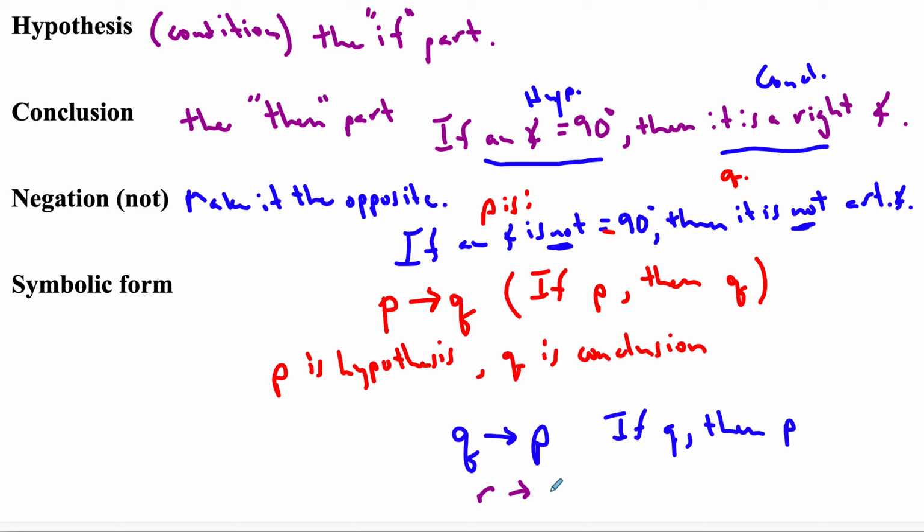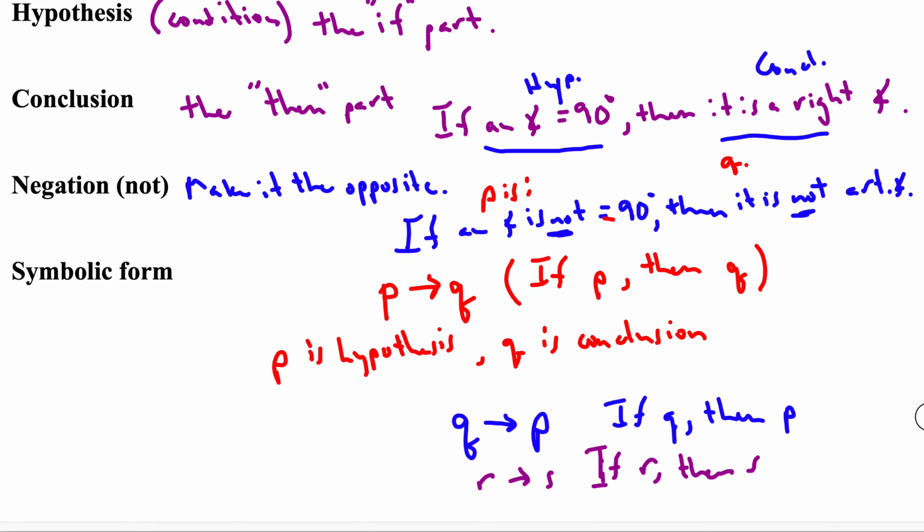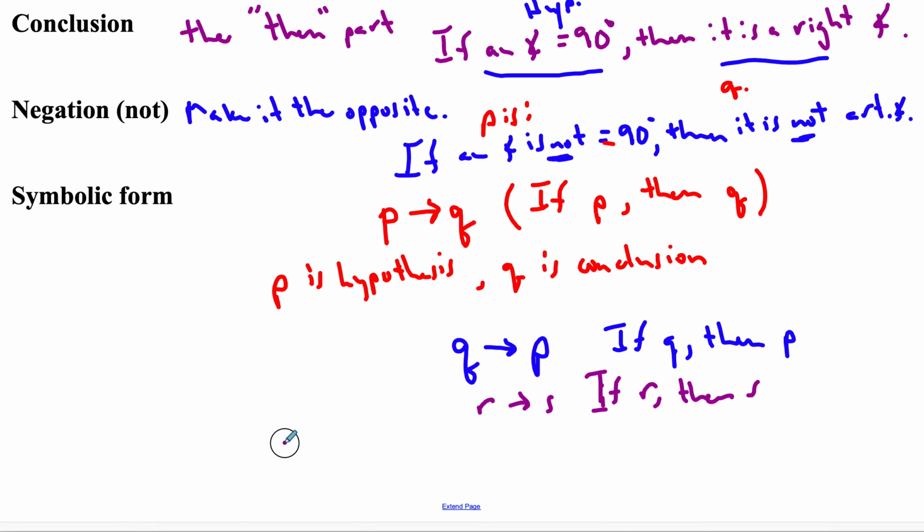So R arrow S would be if R, then S. Another way this might be read: if I see P arrow Q, that's also read as P implies Q. You're going to see that sometimes too. It's the same as saying if P, then Q.